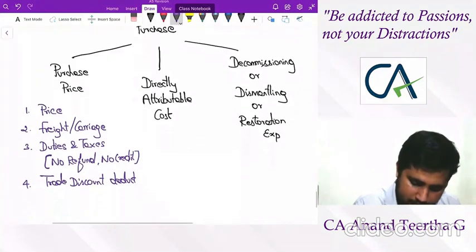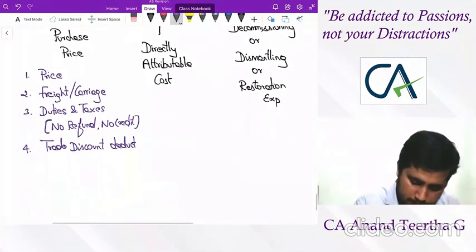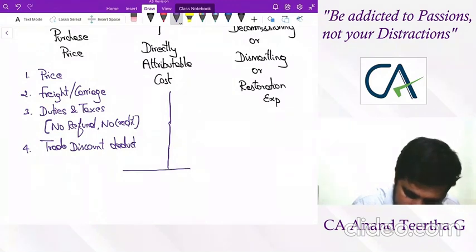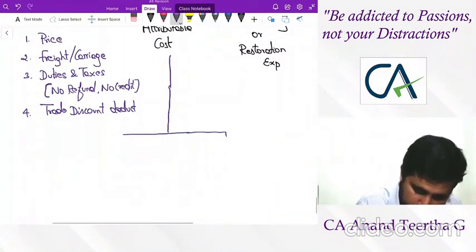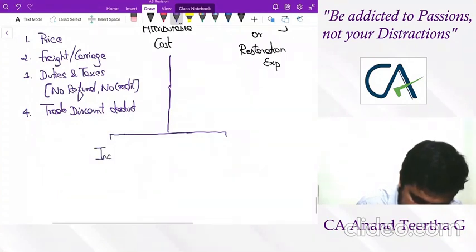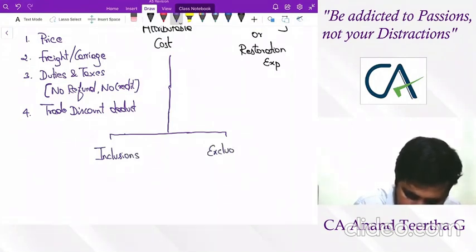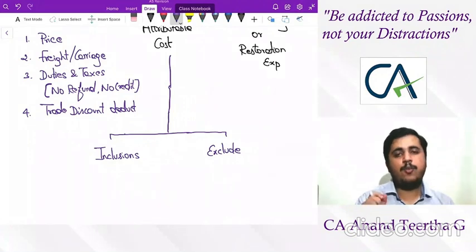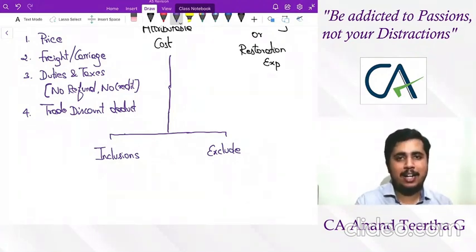Next, directly attributable cost, which will again be bifurcated. There are certain examples of inclusions under directly attributable cost, and there are certain exceptions, which are supposed to get excluded. Now, first of all, what do you mean by directly attributable cost?